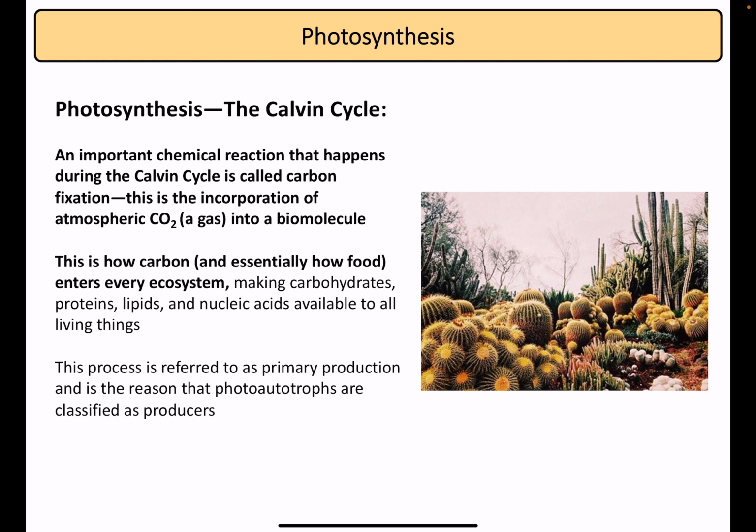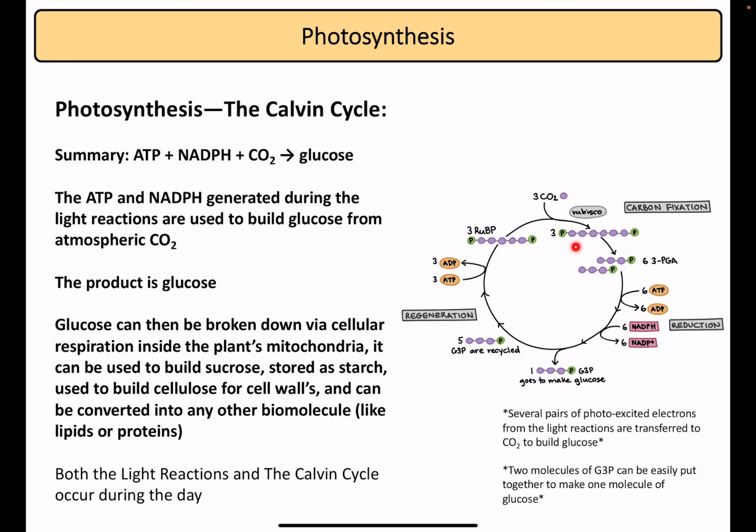So we're actually almost done here. A few more points about the Calvin cycle, stage 2. This first reaction here is very important. This is the reaction that brings a gas, CO2, from the atmosphere into food so that we can use that carbon for carbohydrates, for fats, for proteins, for all biomolecules.